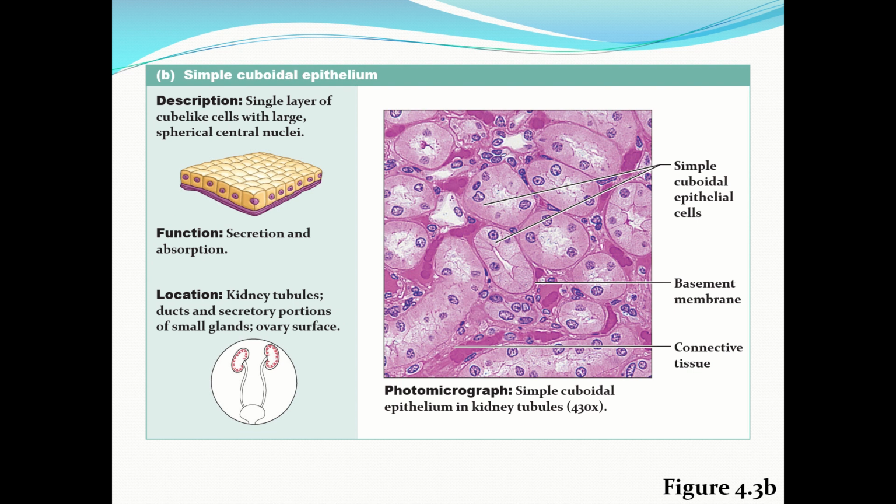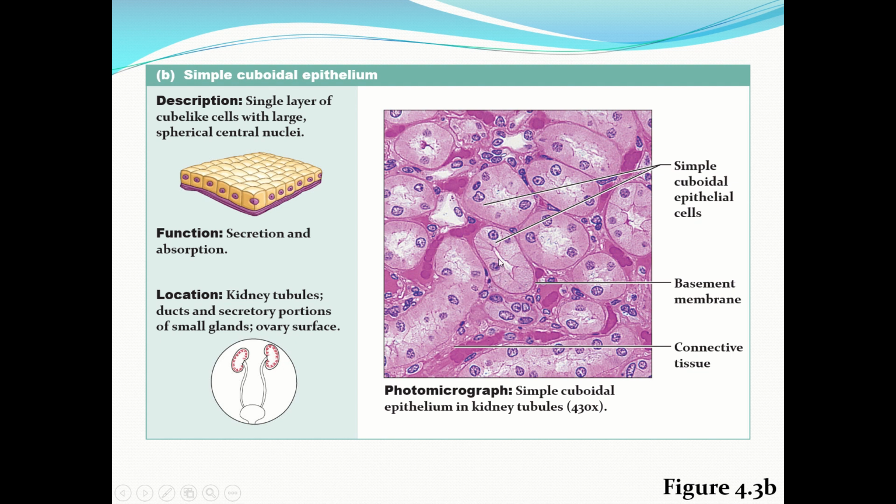Let me show you how to tell that it is one layer, because you notice that in this picture you're seeing a tube. Looking at this dark pink line, that is the basement membrane connected to the underlying connective tissue. So the basal surface of the cell will be attached to this basement membrane. That is how we know that this is one layer.